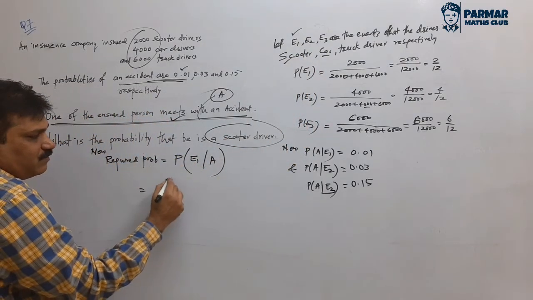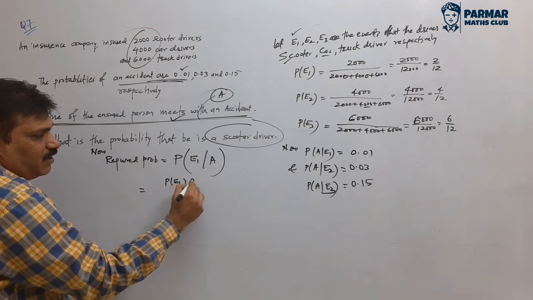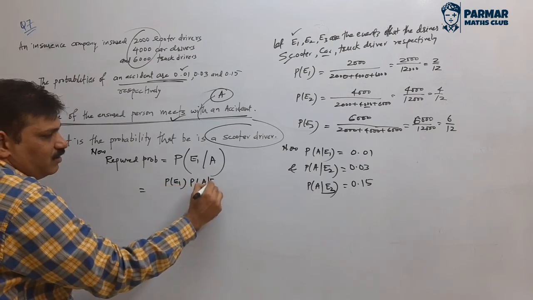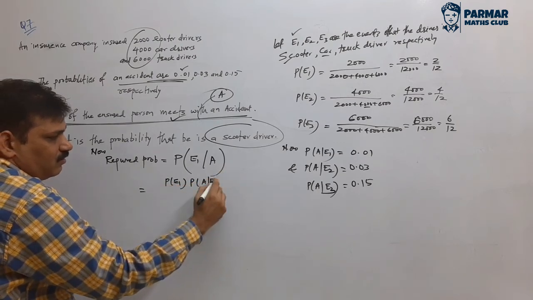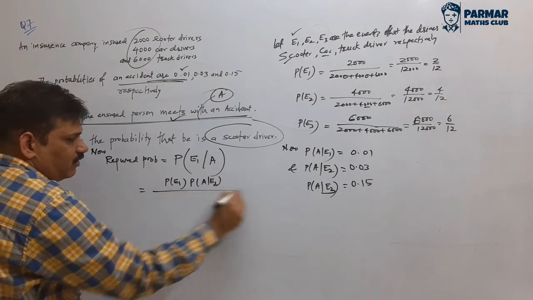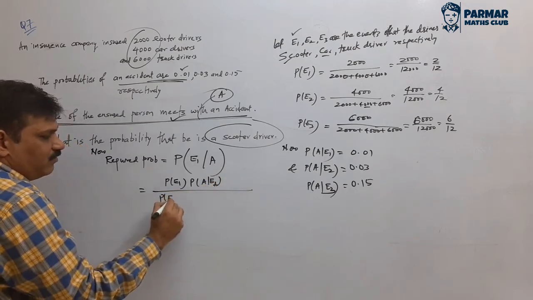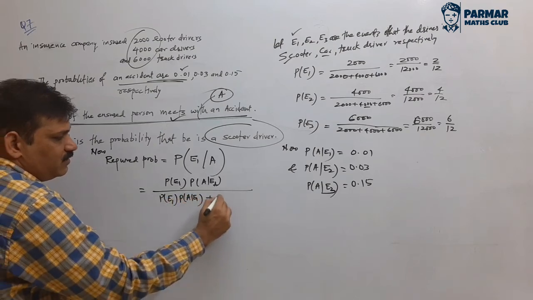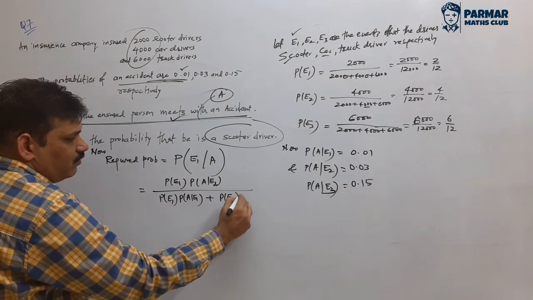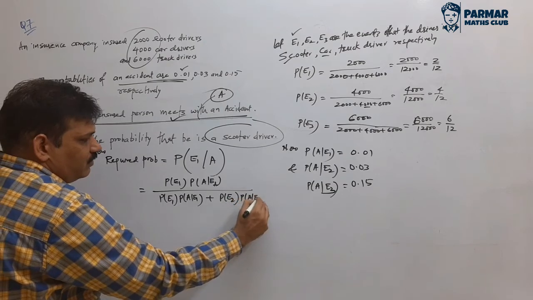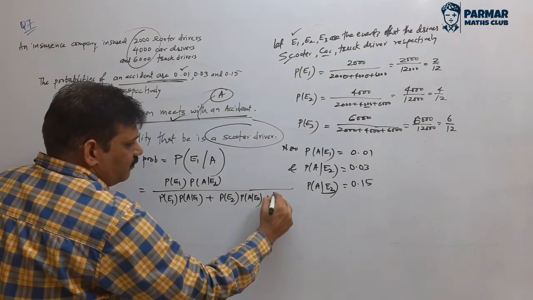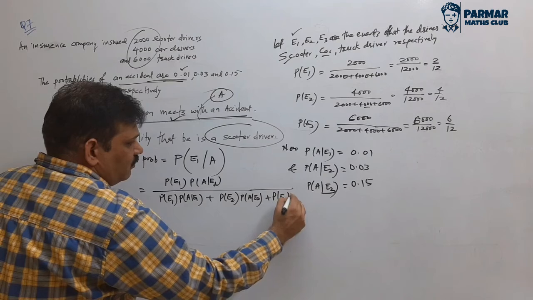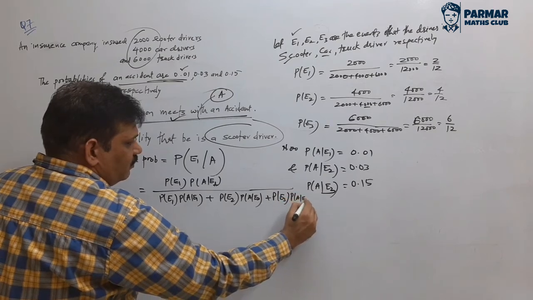Simply, this will give us probability of E1 multiplied by probability of A given E1, divided by probability of E1 times probability of A given E1, plus probability of E2 times probability of A given E2, plus probability of E3 times probability of A given E3.